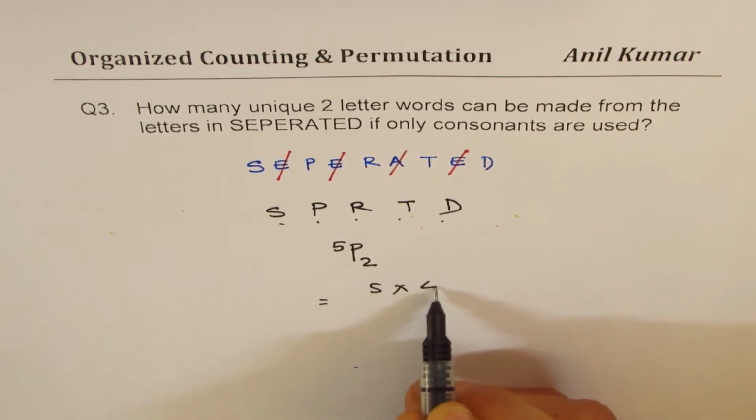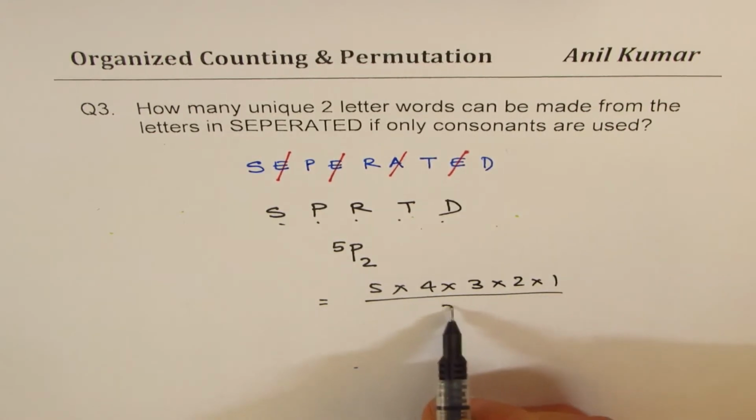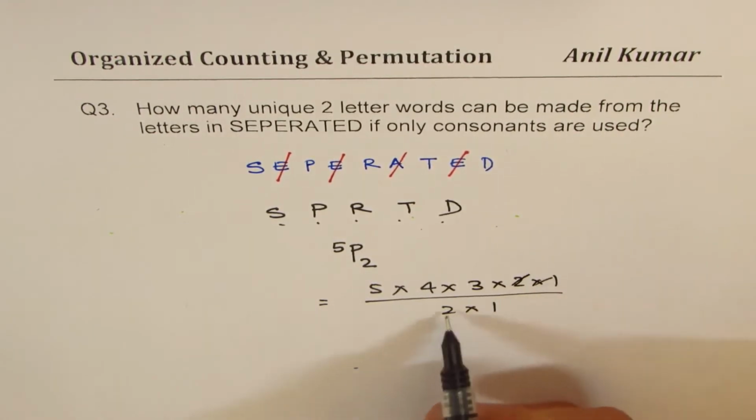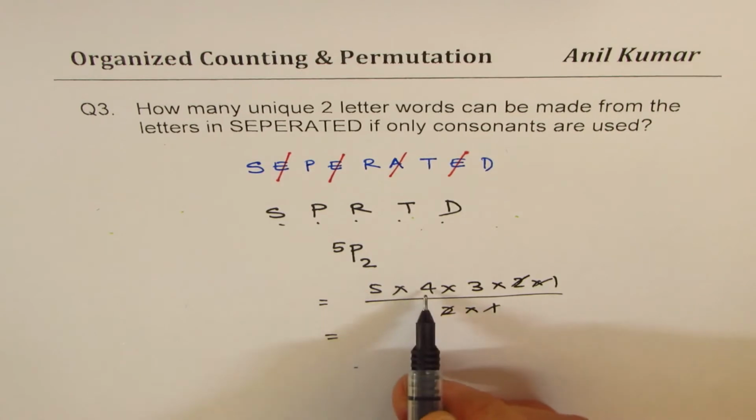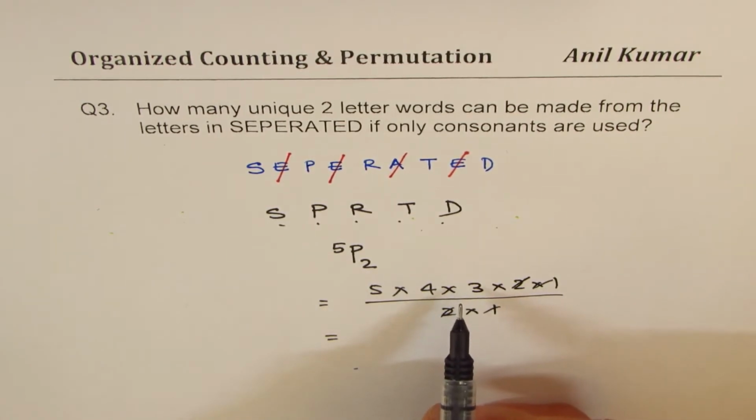Which is 5 times 4 times 3 times 2 times 1 divided by 2 times 1. So you get 5 times 4, 20 times 3 as your answer. Correct?